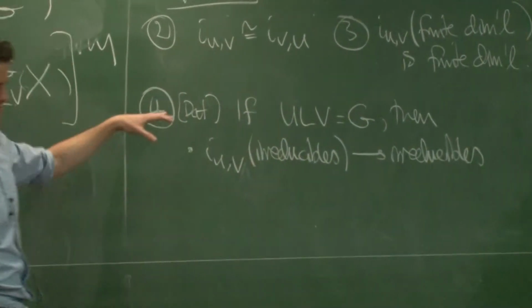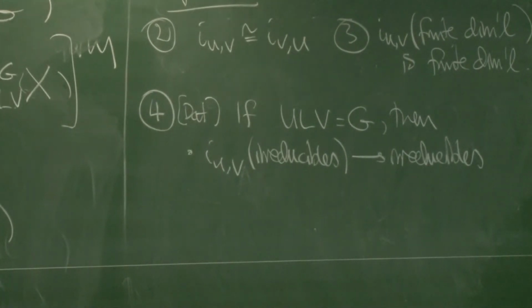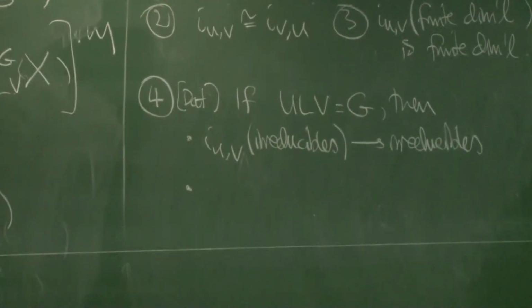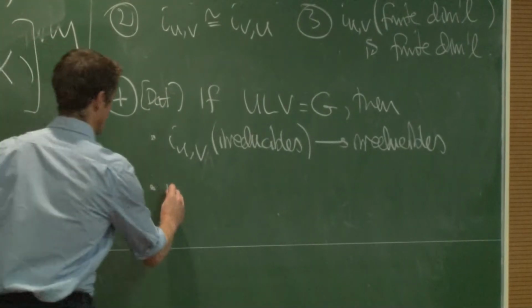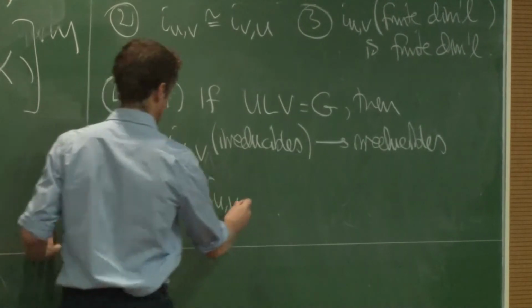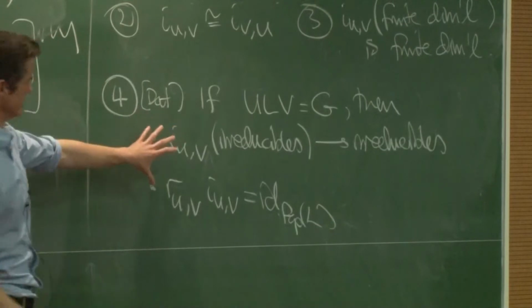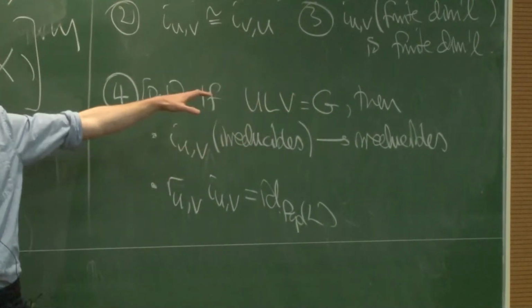So in this sense, it has somehow the flavor of an inflation procedure rather than an induction procedure. It's a more restrictive term. And it also has the property, just like inflation, that if you inflate or induce and then restrict, you get the identity. Okay, these two properties hold in this special case.